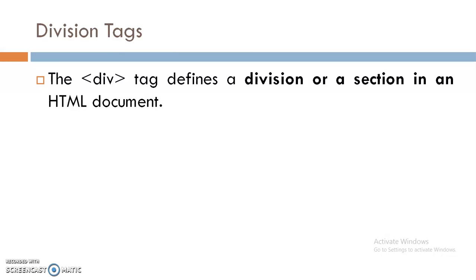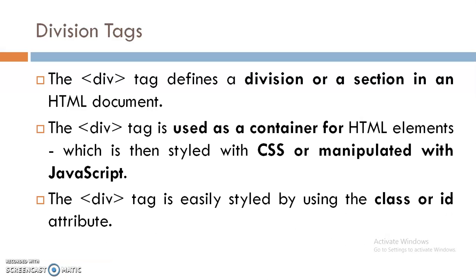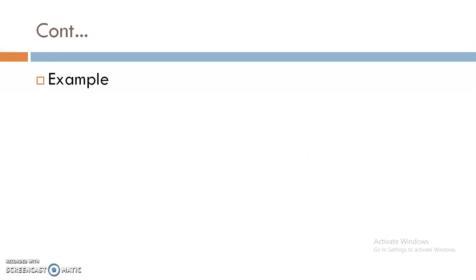Now the next tag is the division tag. The division tag defines a division or a section in an HTML document, and it is used as a type of container for HTML elements, which is then styled with CSS. The division tag is styled by using the class or ID attribute.